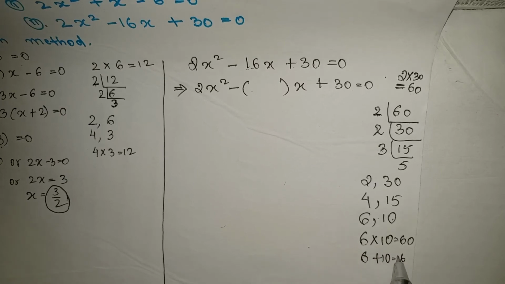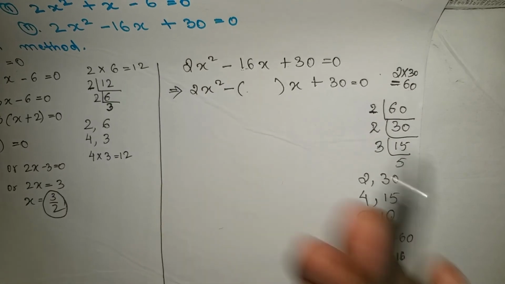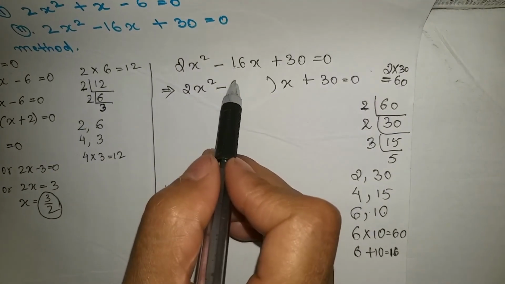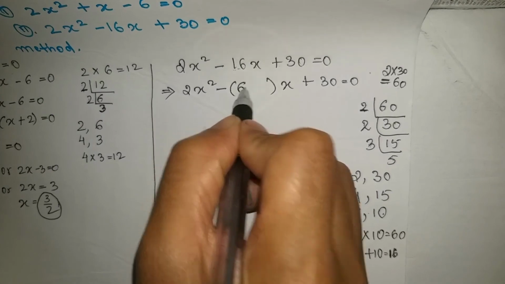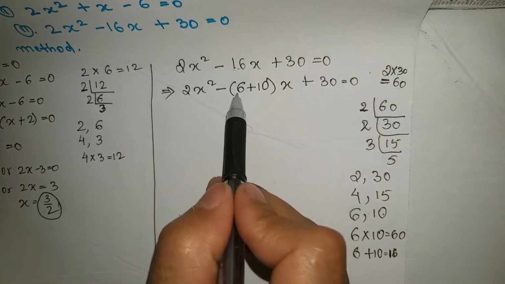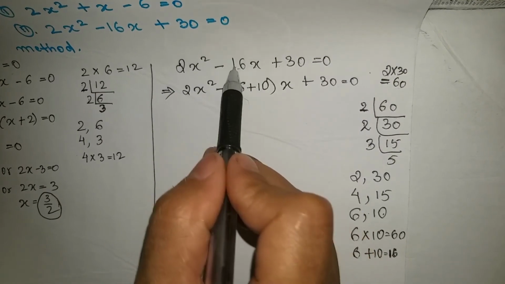It is 16, which is the number that I need. Therefore, I will fill up the gap here by 6 plus 10. Instead of writing 16, I write 6 plus 10. Since 6 plus 10 gives me 16.